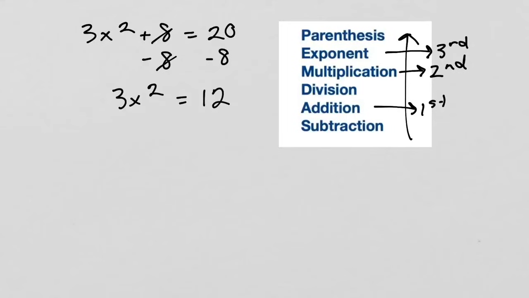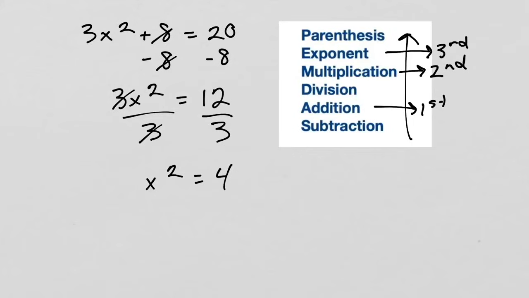Next, we have to get rid of the multiplication by 3. We do the opposite operation. We divide both sides by 3. The 3 will cancel out. 12 divided by 3 is 4. So now we have x squared equals 4.